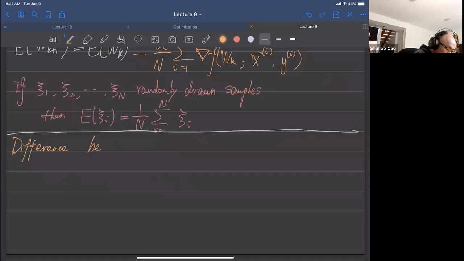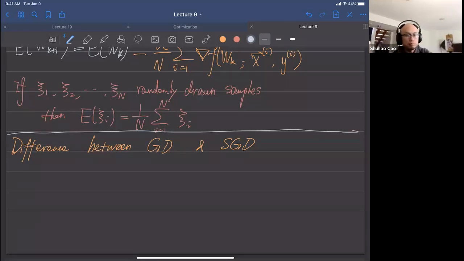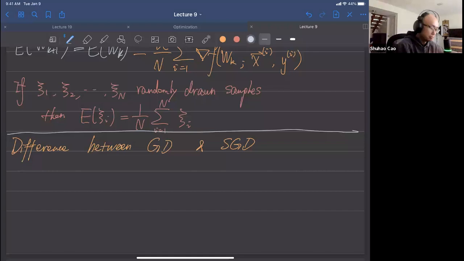So the difference between gradient descent and stochastic gradient descent. First, of course, for stochastic gradient descent, let's first review what is our loss function.